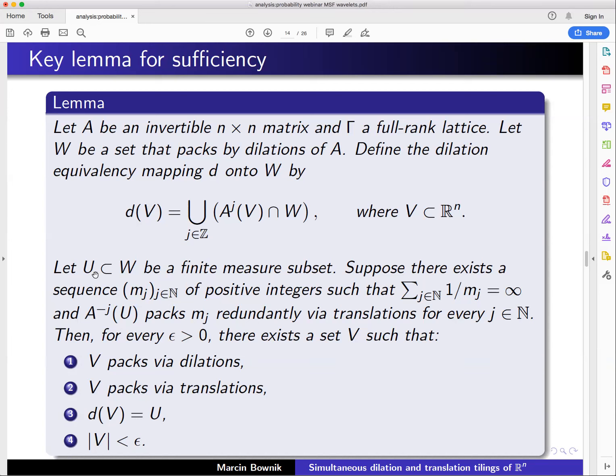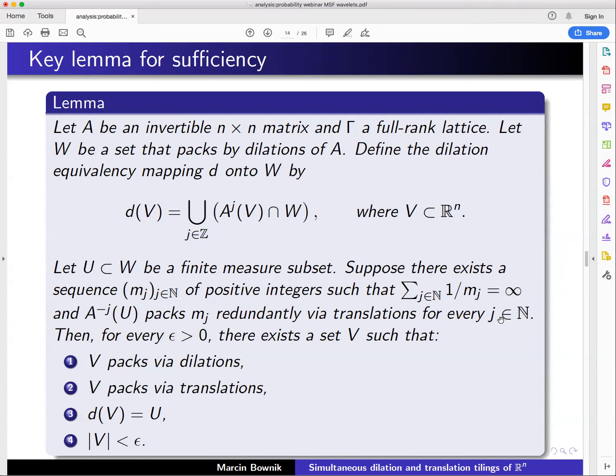So now let U be a finite measure subset, and suppose we have this sufficient condition, that we have a sequence m_j of positive integers so that the sum of reciprocals equals infinity, and A to the power negative j applied to U packs m_j redundantly via translation for every j.